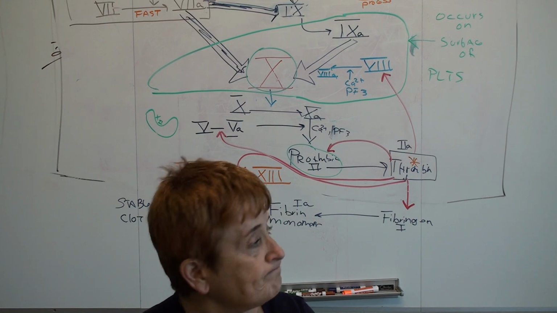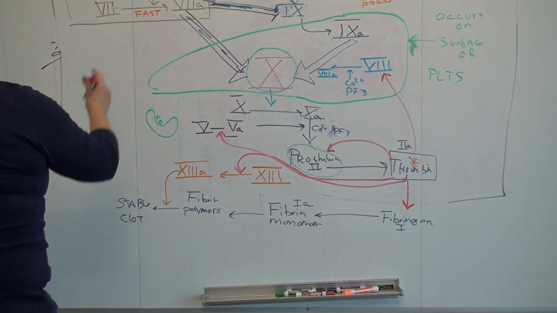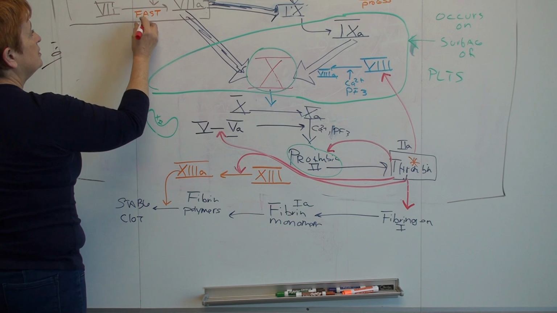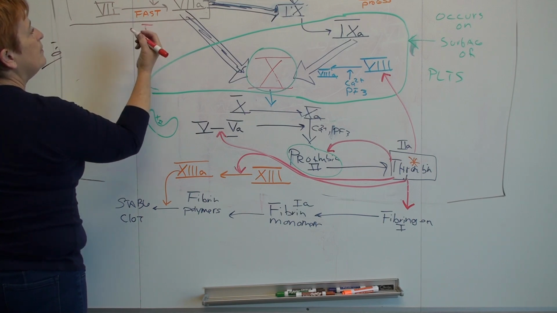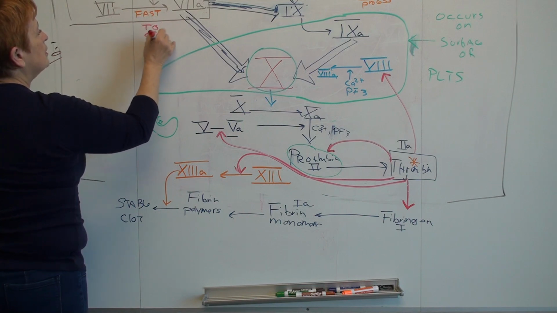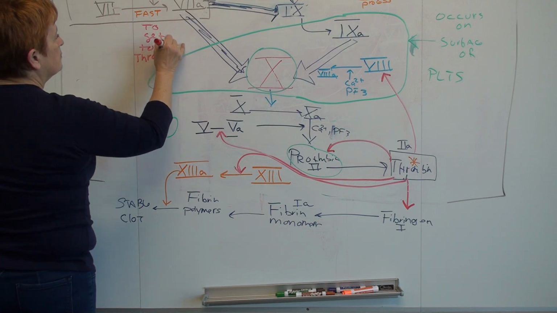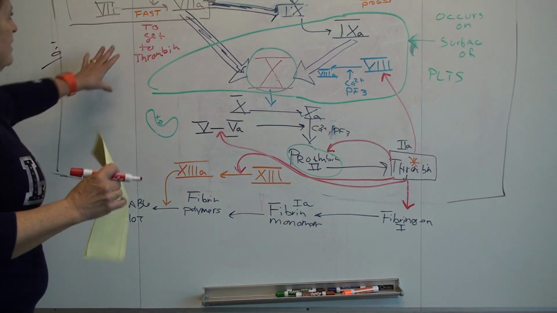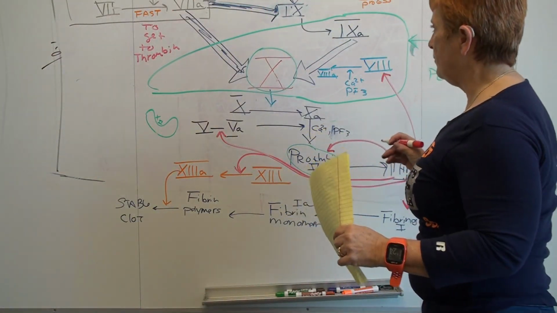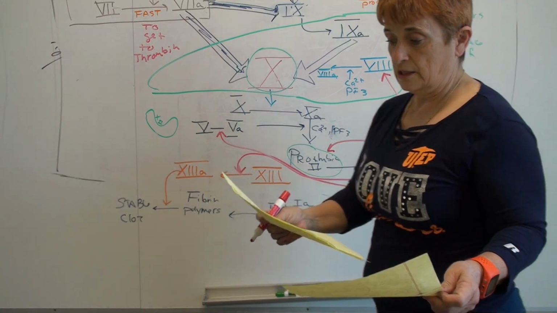So, when we say we've got to get to thrombin, I said this was fast. So this is a fast way to get to thrombin. Why did my thing work? I smushed it. Fast way to get to thrombin. Slow process, slower way to get to thrombin. All right, I think that I have put that all together.